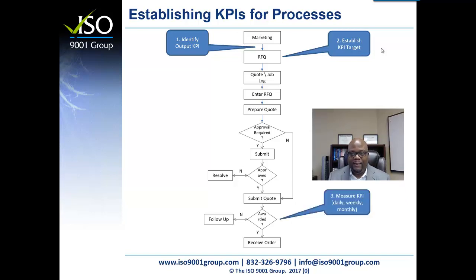Now, once we establish the target, now we can measure how many RFQs did we achieve, and then maybe we want to also look at how many RFQs are we actually winning. All right, so I've just kind of given you this example, but you can do these 3 steps at any output along the way in your processes and for any process within your organization. So let's look at an example.